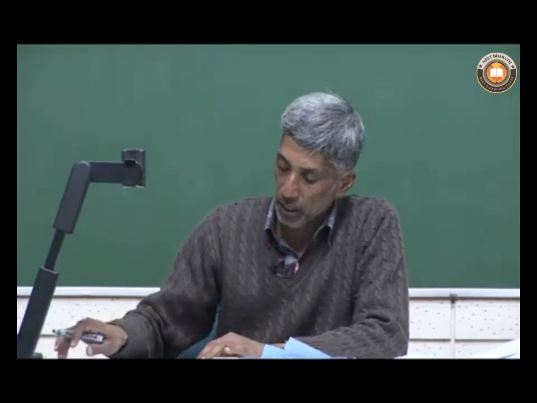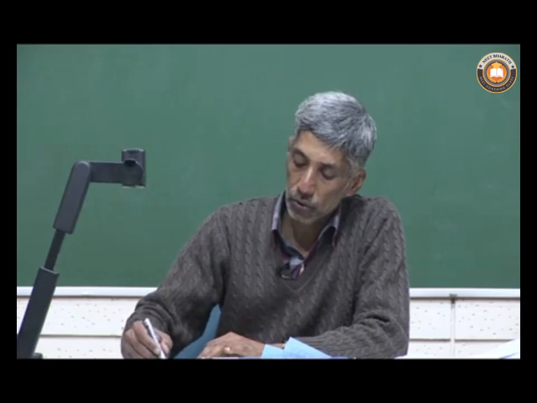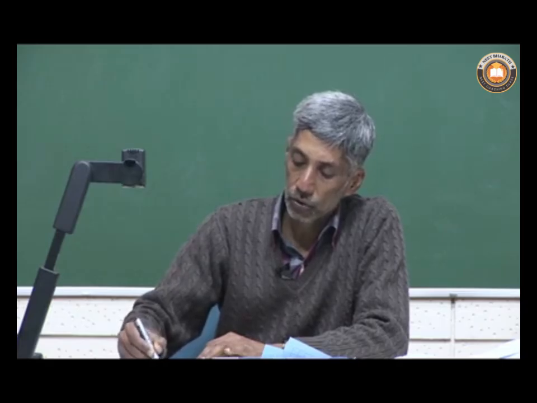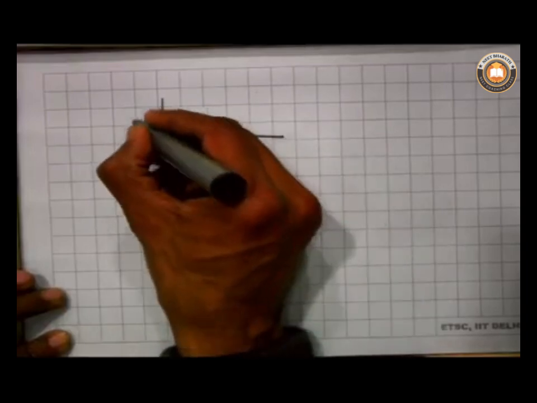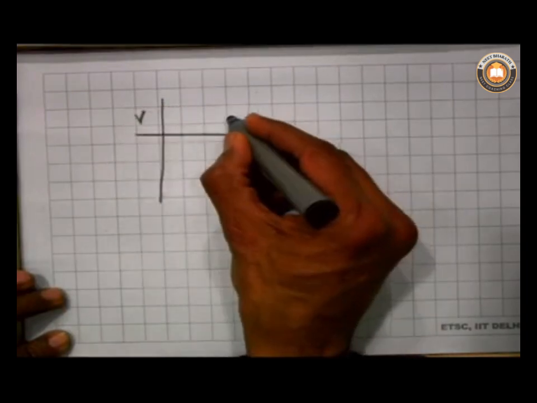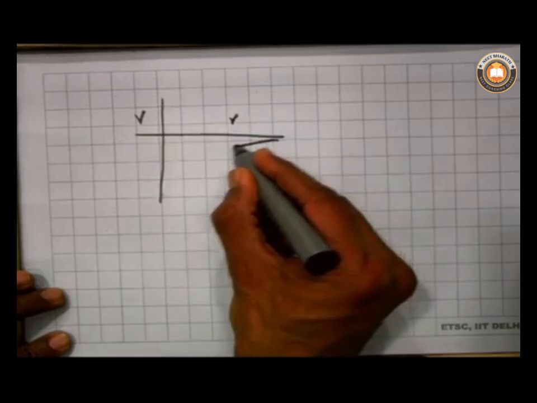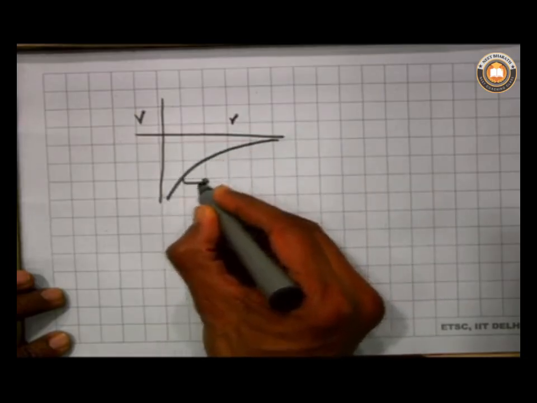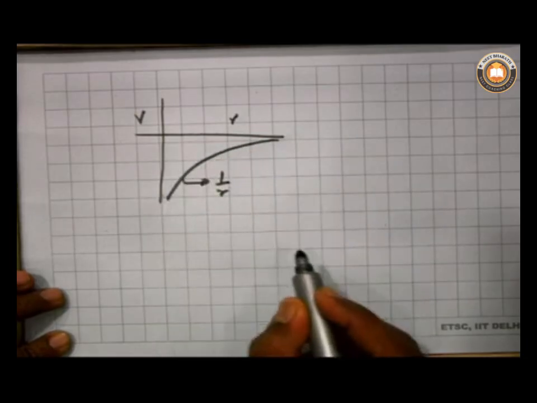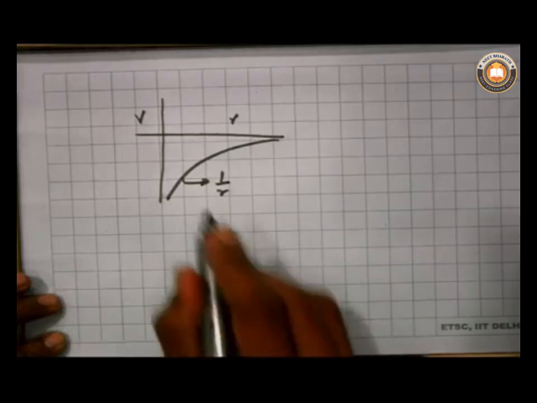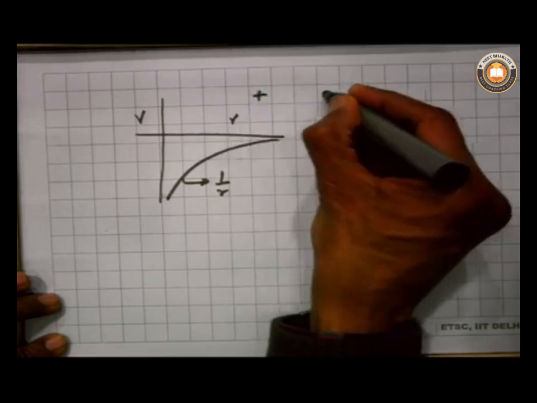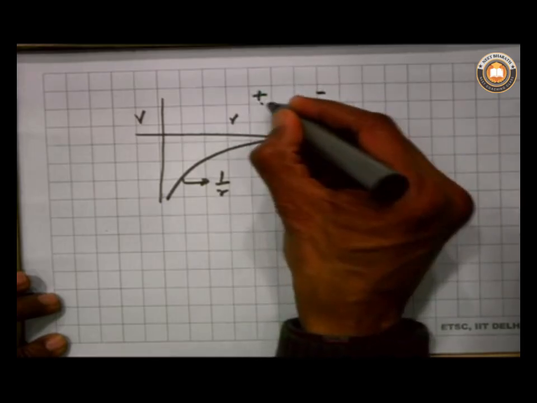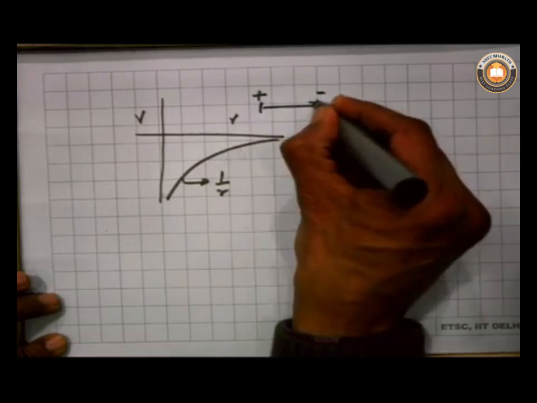Now, the potential energy of this electrostatic interaction, V as a function of distance, goes as 1 over r. So, I am taking it that I have a positive ion and a negative ion, and this distance is r.